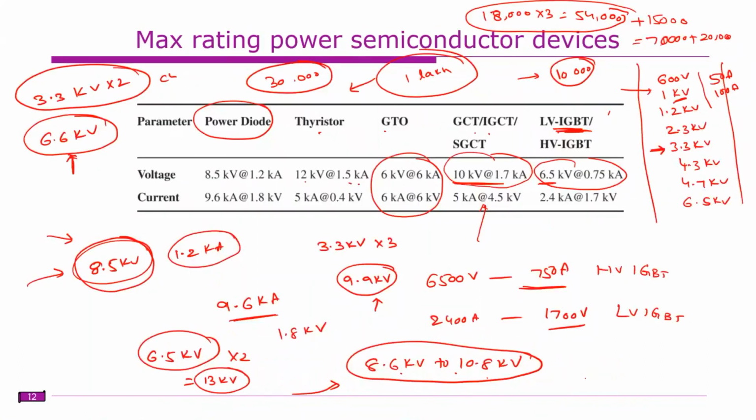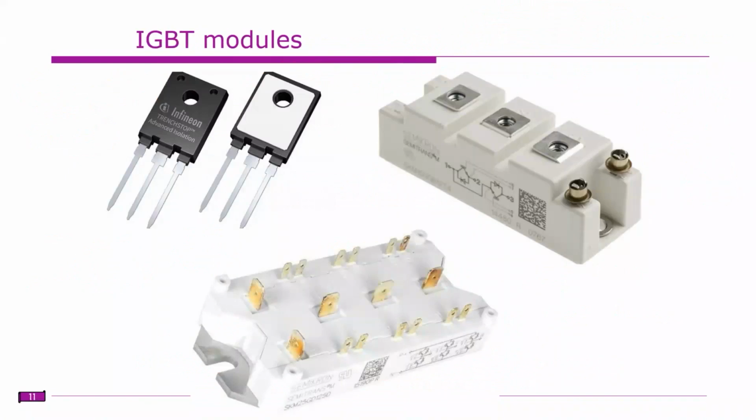Usually, how will manufacturers manufacture? Either they will manufacture a single device. This is a single device. We have three terminals: collector, emitter, and base. This is one side and this is the other side, which is where we need to mount.